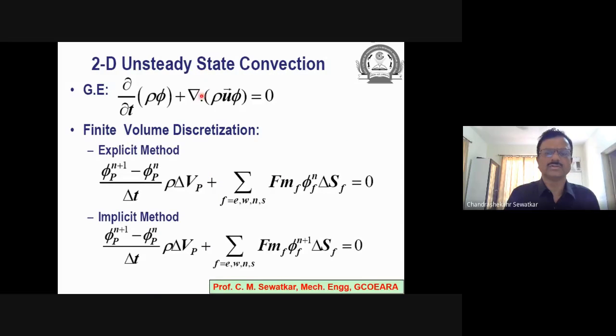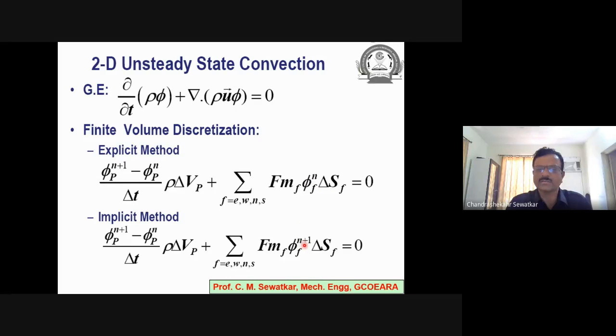First, look at how the equations will change if the process is unsteady. If the convection is unsteady, then this is my governing equation. I have already obtained the expression for the unsteady term, and this is the expression for the convection term. When I write down this convection term at nth level, then the solution method becomes explicit.